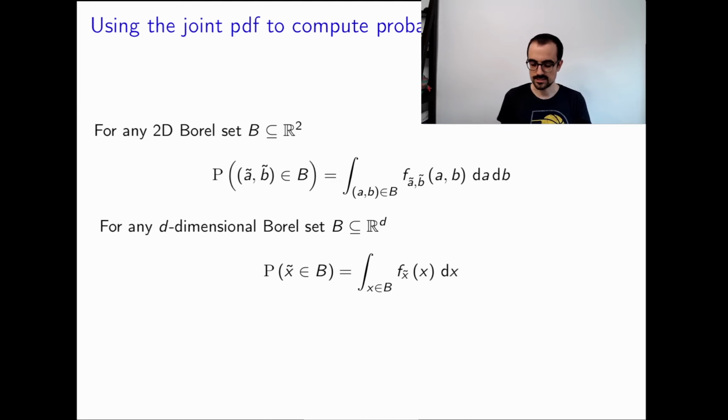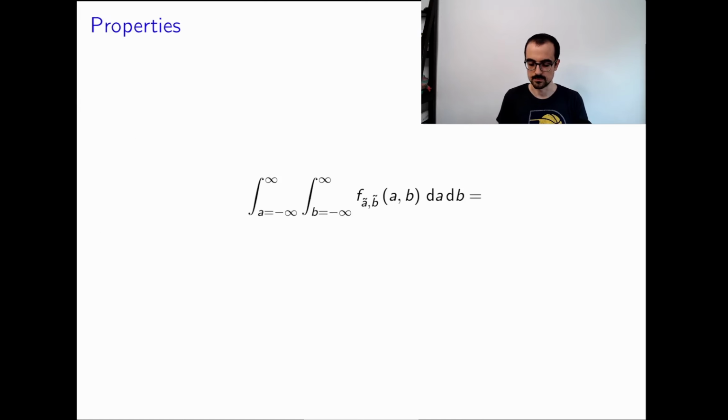In multiple dimensions, the same thing. You want the probability of the random vector being in a Borel set, you just integrate the density, which means that you compute the volume under this density surface that we saw. Always integrating over the set of interest. We're going to see an example in a moment.